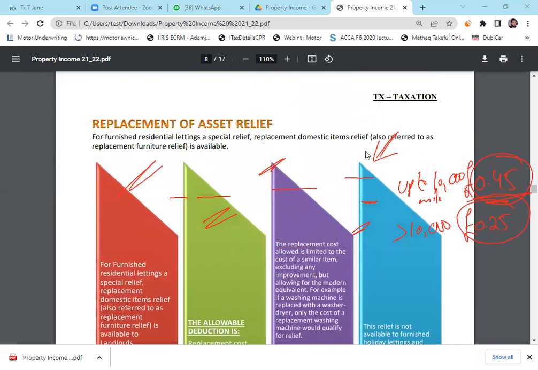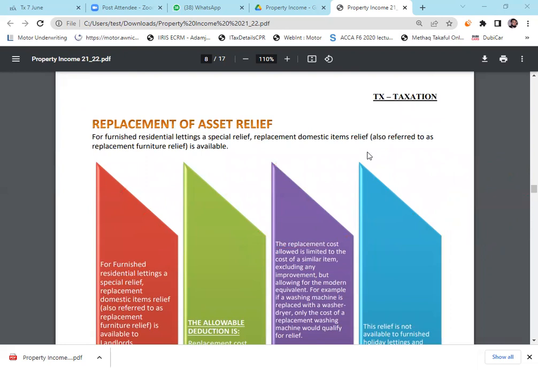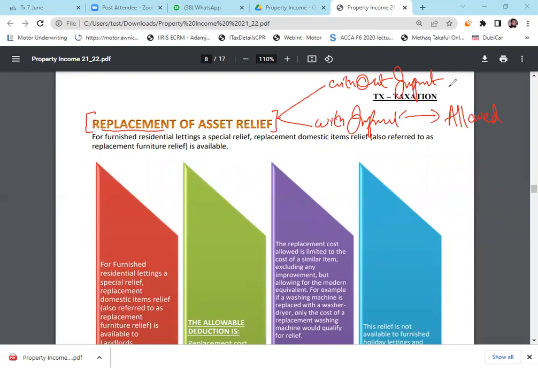Now, replacement of asset. Earlier, I just told you replacement has two categories. First is with improvement and another is without improvement. Sorry, with improvement is not an allowed expense and without improvement is allowed. Because if there is an improvement, it's a capital expense and capital expense will never be allowed.